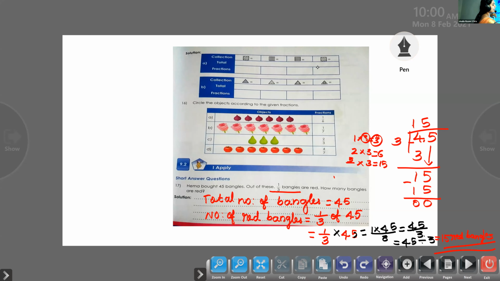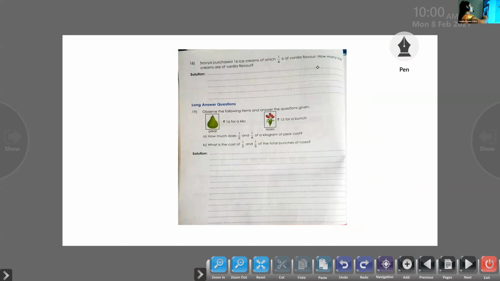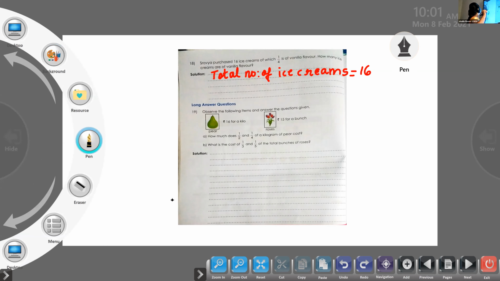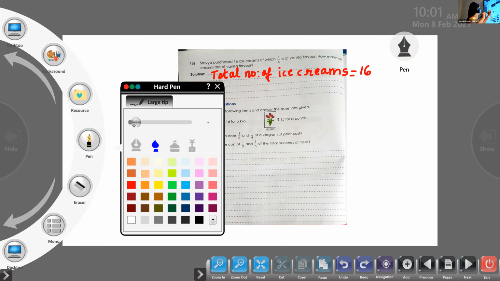So, my dear children, write along with me the step. Total number of ice creams is equal to 16.